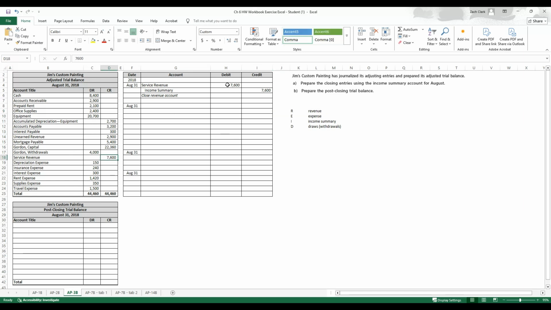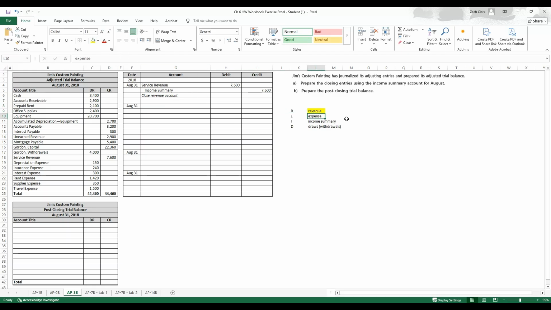Revenue has a credit balance, so we need to debit it for the same amount that it had prior to closing. After we do this closing, it goes to zero, and this balance is moved into the temporary income summary account. Then the total of the income summary account moves into capital.